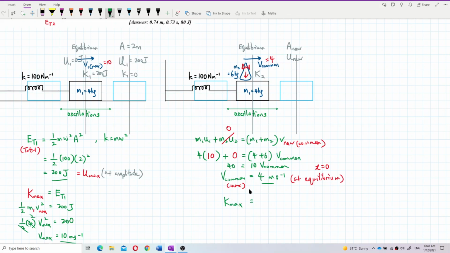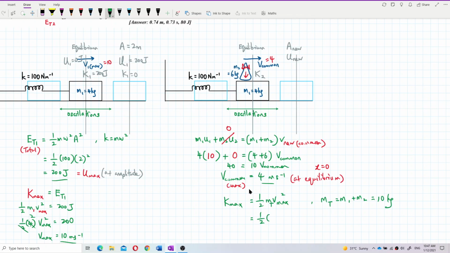Kmax is equal to half m v max squared. The mass here is the total mass, which is mass 1 plus mass 2, 4 plus 6, which is 10 kilogram.